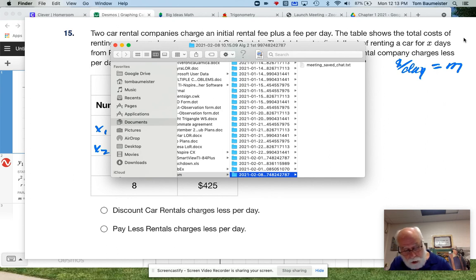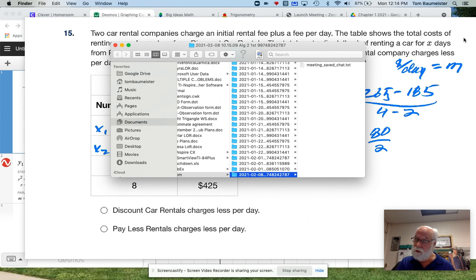So I'm going to say m is equal to y2 minus y1 over x2 minus x1, which again would be 265 minus 185 over 4 minus 2. So 265 minus 185 is 80, and divided by 2, because 4 minus 2 is 2, that will give us 40.